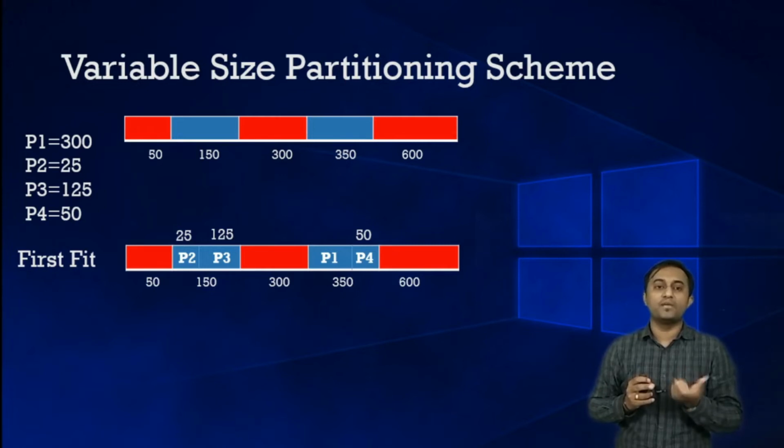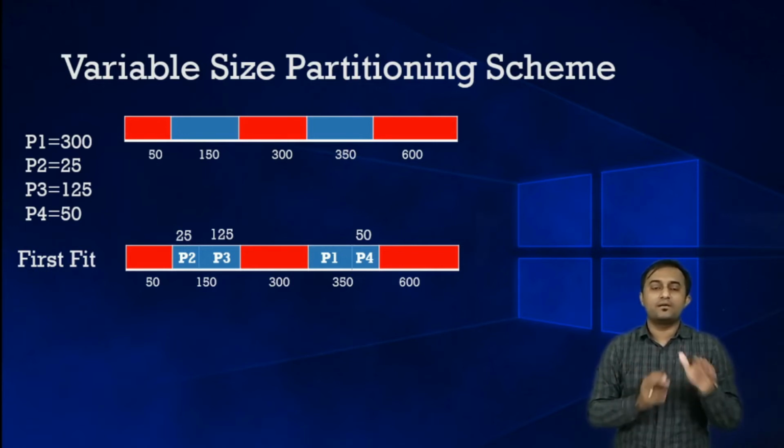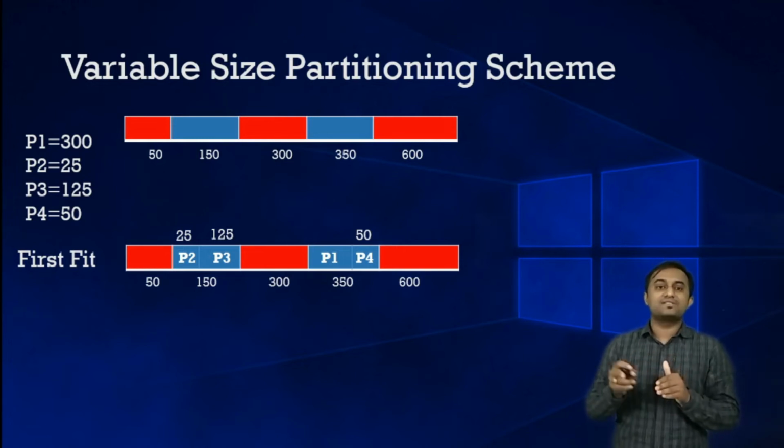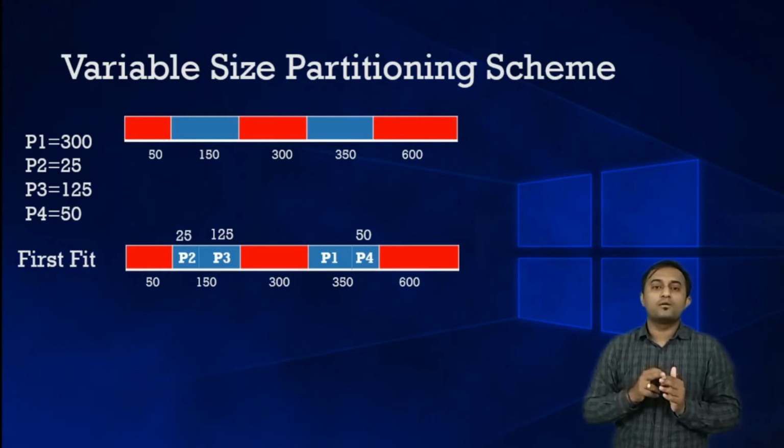The second block is available, but its size is 150, and the requested process size of 300 is larger, so the algorithm will skip that block and continue its journey to find a capable enough block among the upcoming blocks.